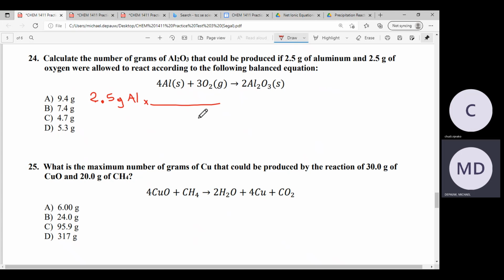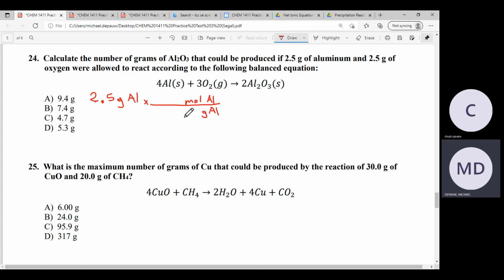Now, what unit's going to go on the bottom here? Grams of what? Aluminum. And what can I convert grams of aluminum to that will help me here? Moles of aluminum, exactly. Whenever I'm trying to change one substance to a different substance, I must use a mole-to-mole ratio.